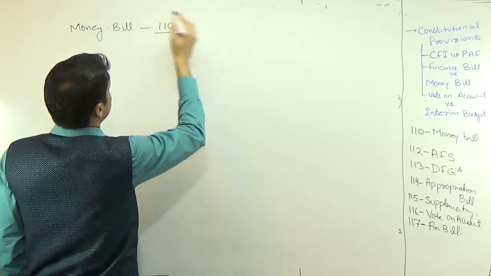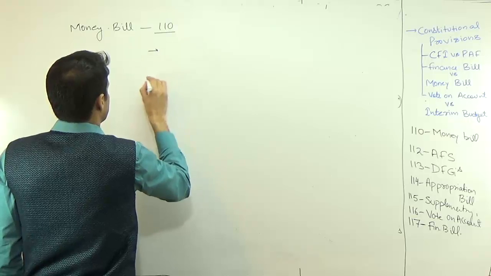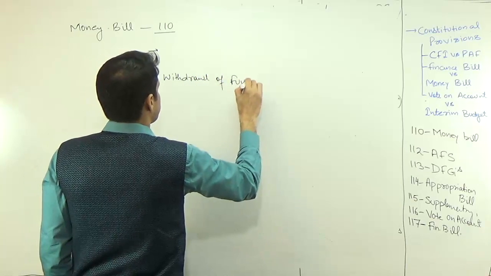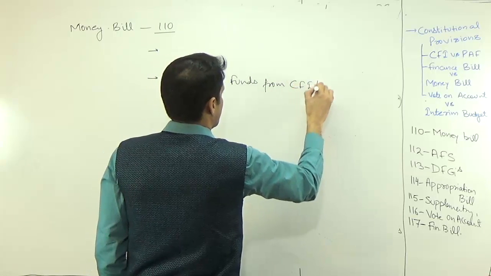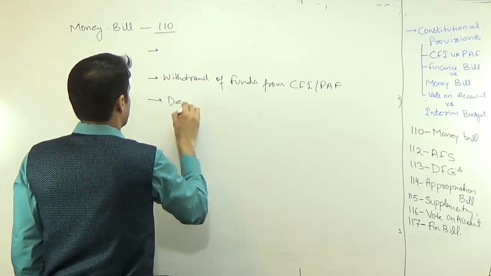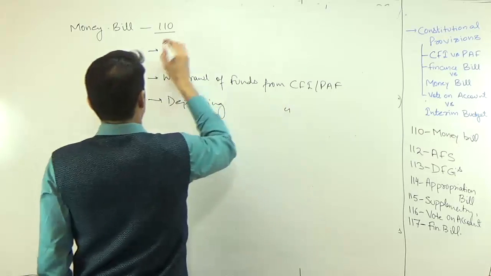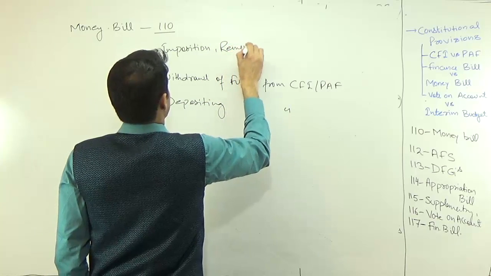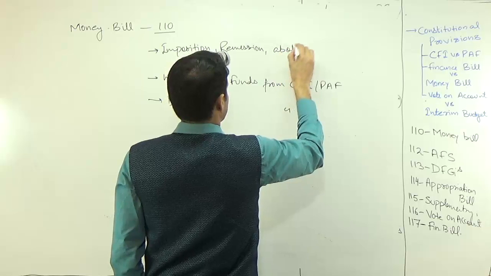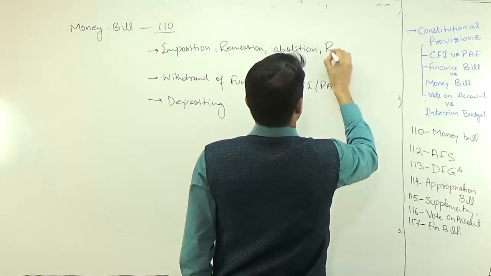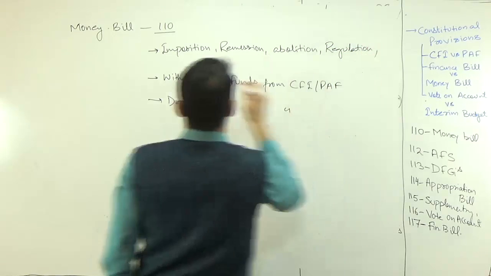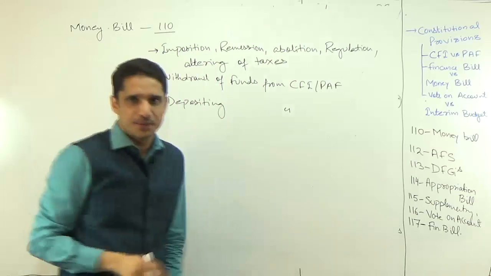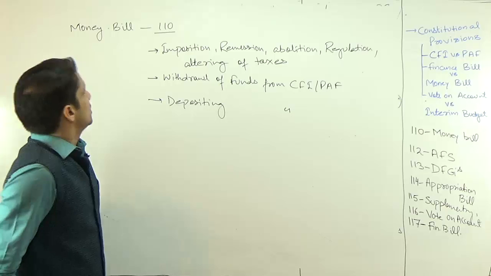Any bill will be regarded as money bill if it has provisions related to all these things: withdrawal of funds from the Consolidated Fund of India or Public Account Fund of India, depositing, or anything related to imposition, remission, abolition, regulation and altering of taxes.